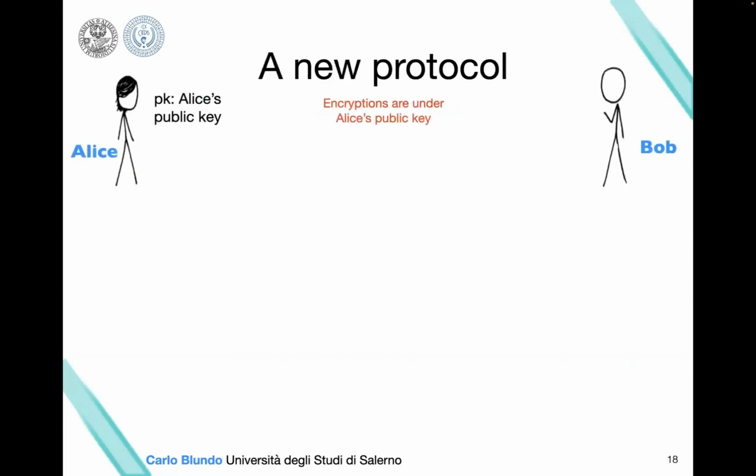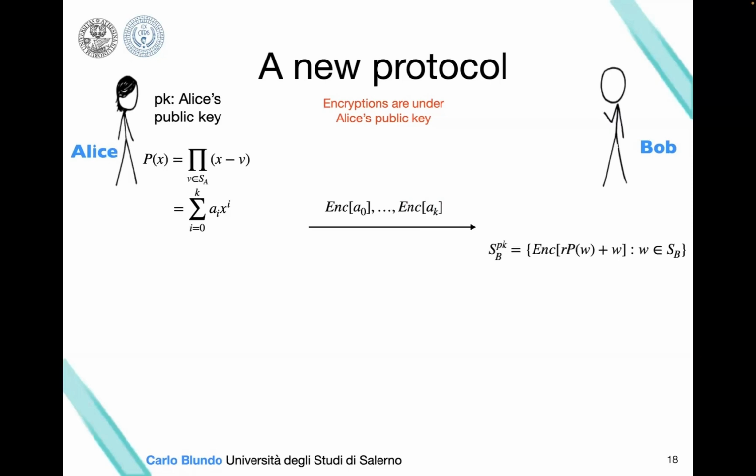So the protocol goes as follows. We use Alice's public key PK. All the encryptions are considered under Alice's public key. Alice computes this polynomial and sends the encryption to Bob. Bob computes these values for each W belonging to his set.